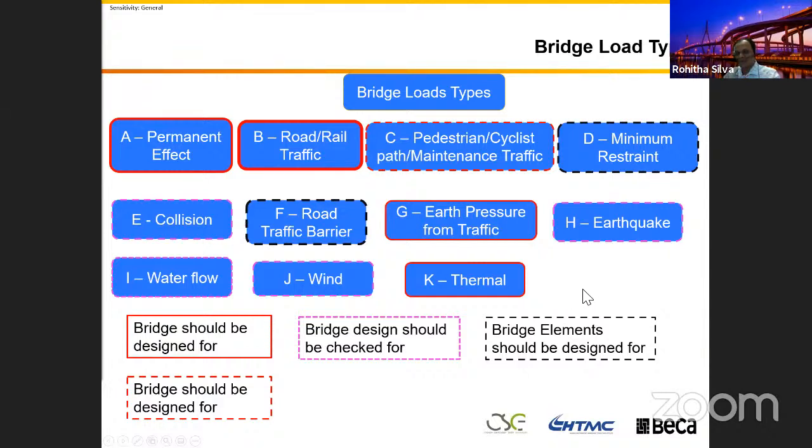They define in the code the quantities, how they quantify them. For example, collision load 2,700 kilonewton according to the Australian standard. But if you look at the other standards, these values are different. As I mentioned in session 2 about the traffic barrier, we use the medium performance traffic barrier, 600 kilonewton.